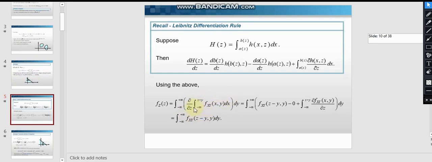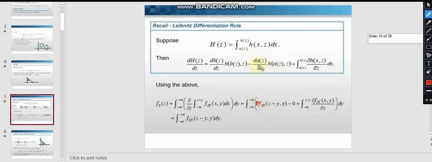By differentiating the lower limit, which is a constant, it will vanish here. So I will get the expression f sub xy. Here we will incorporate the upper limit, and this function will multiply with the 1, so there will be no effect on this term.